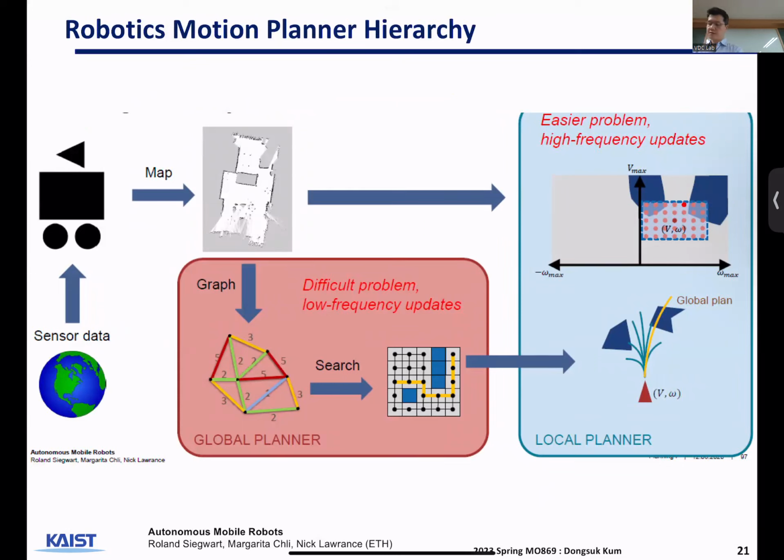As you can see, from map and sensor data, we need to compute the global planner and then the local planner. The global planner focuses more on the global path from origin to destination, whereas the local planner focuses more on collision avoidance.